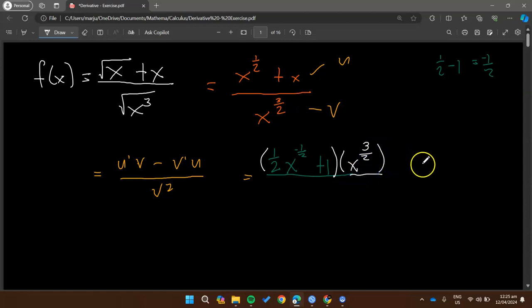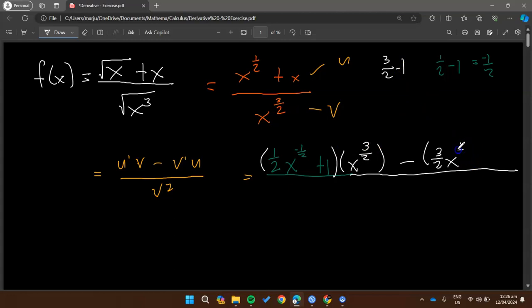Alright, and then minus the derivative of this one, that is just 3/2 x raised to 3/2 minus 1. What is 3/2 minus 1? That is just 1/2, right?